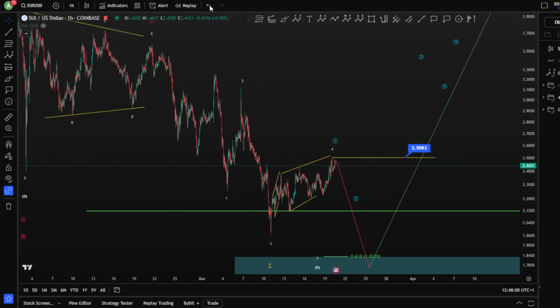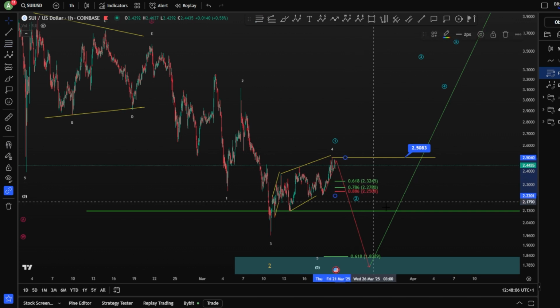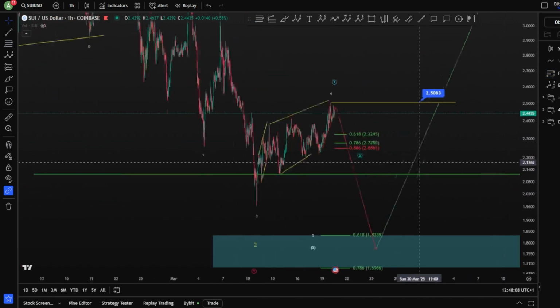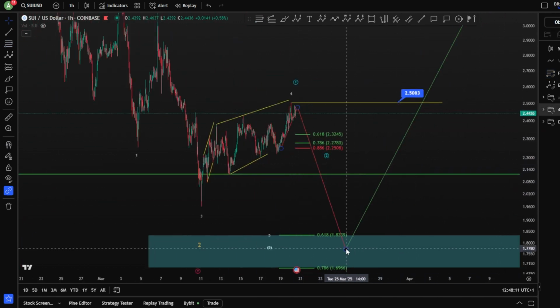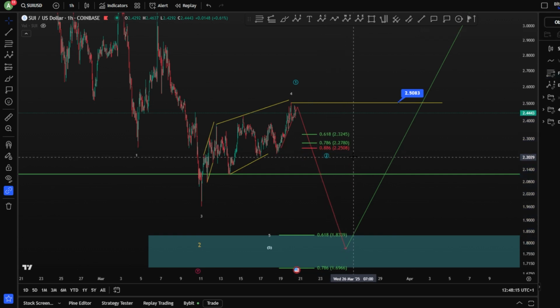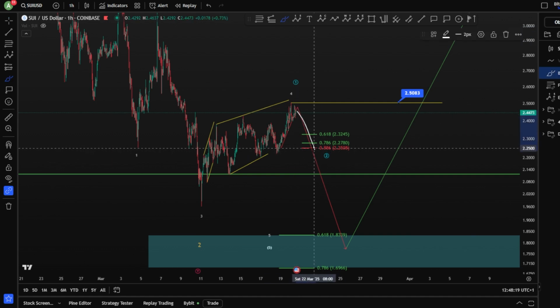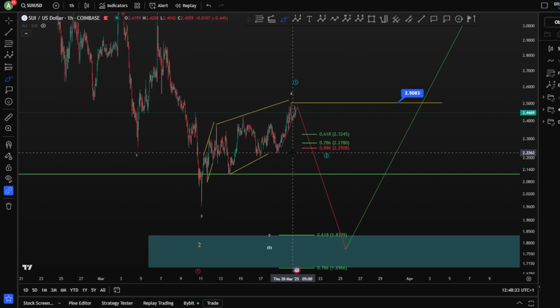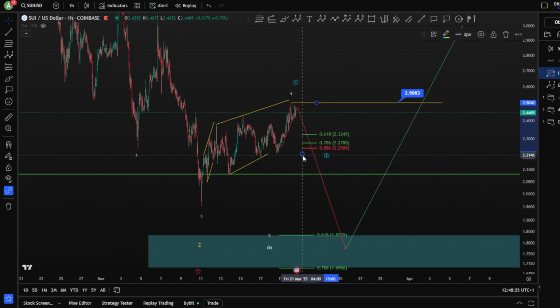Taking the 886 here, let me check 1 second. Of course, I'm very bullish here, but I always have to be safe, guys, for you as well. 0.886, 2.25 is your bearish signal. Meaning if we take this, higher possibilities start to become, of course, that we are in bearish. Sorry.